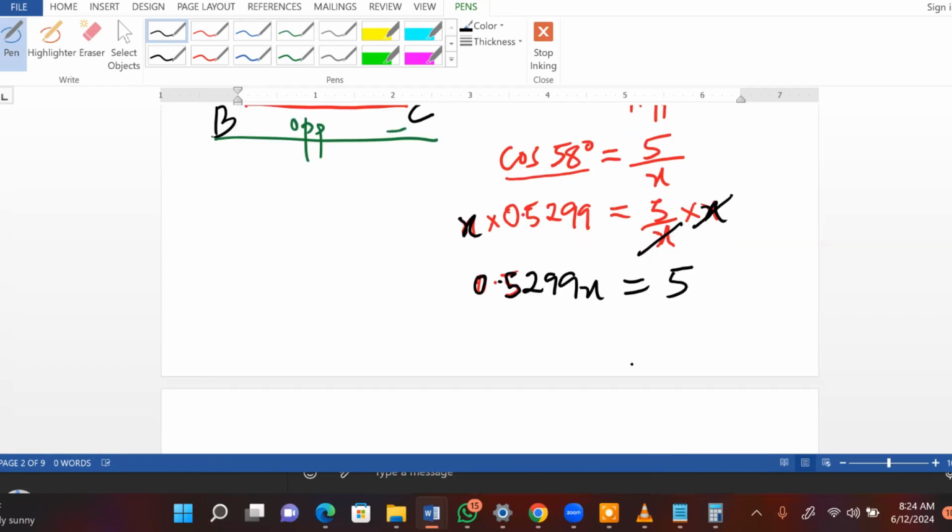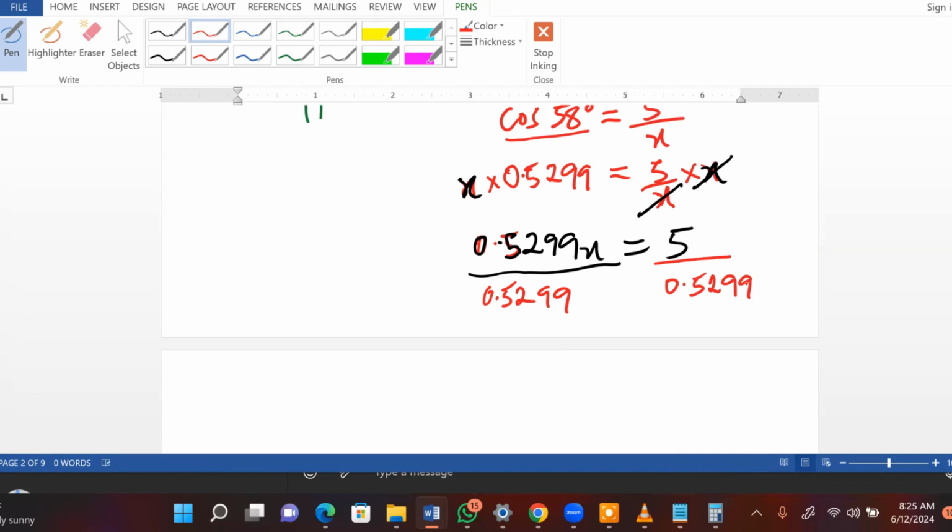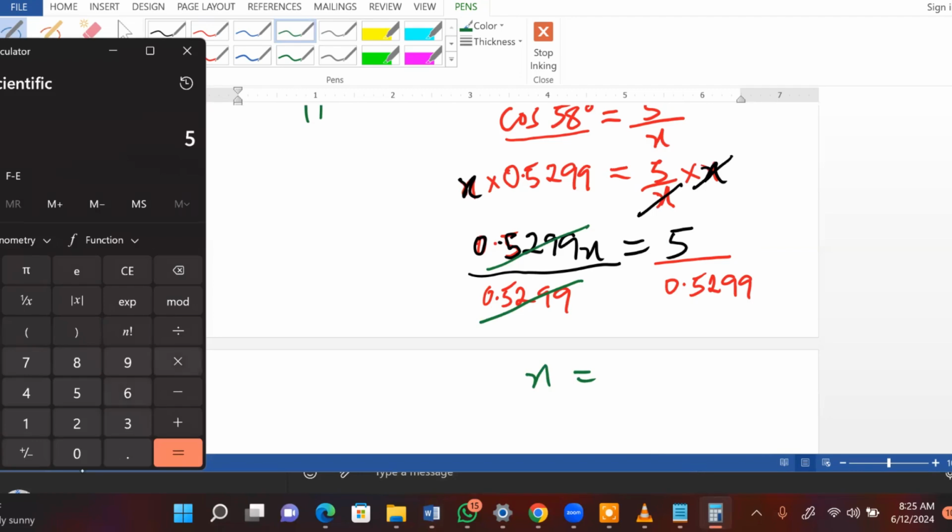It is x I'm looking for. I will divide both sides by 0.5299. So that means this will cancel this. Therefore, we then have x equals, I can then go back to my calculator, 5 divided by 0.5299.